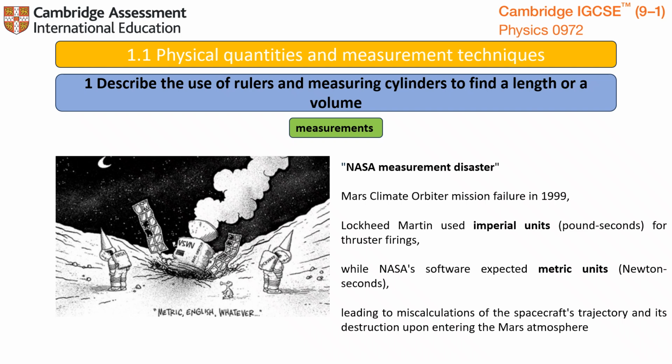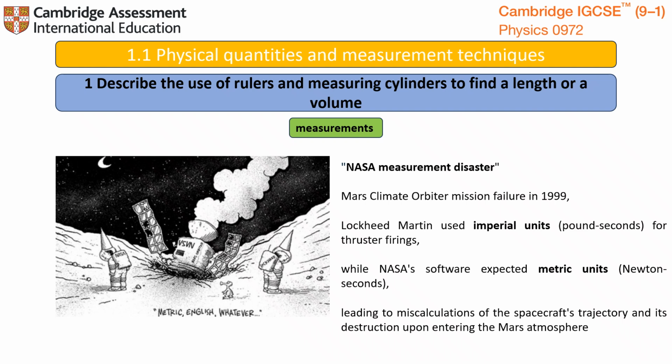So before we get into the topic, I want to impress upon you why measurements are important. This is an incident which happened in 1999. NASA sent a satellite to Mars to study the climate over there. And this was a joint venture between Lockheed Martin and NASA.